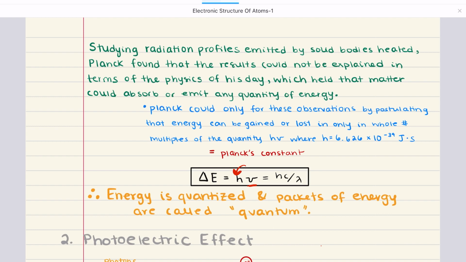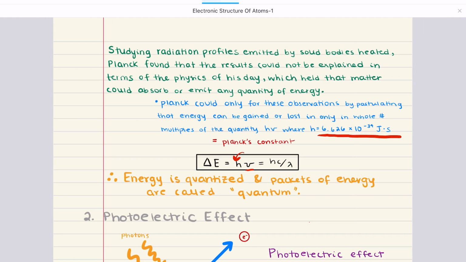Planck's constant is equal to 6.626 times 10 to the minus 34 power joules per second. And so the energy change in the system can be said to equal Planck's constant multiplied by frequency. And so this equation directly linked energy to frequency, and it was further related to the speed of light equation.